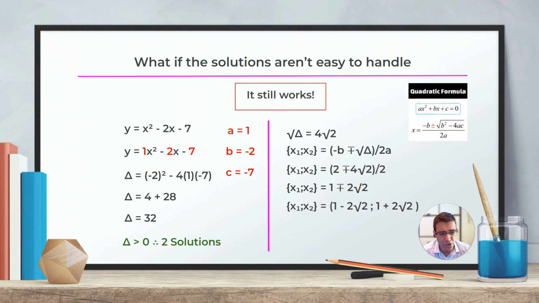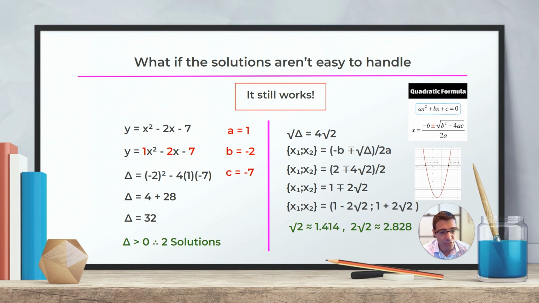Okay, so for our solutions, we have 1 minus 2 root 2, which is going to be the negative solution, and 1 plus 2 root 2 is going to be the positive solution. And so your graph looks a little bit like this. Our two values are negative 1.828 and positive 3.828. To get a better understanding of this, it's important to know what root 2 actually is.